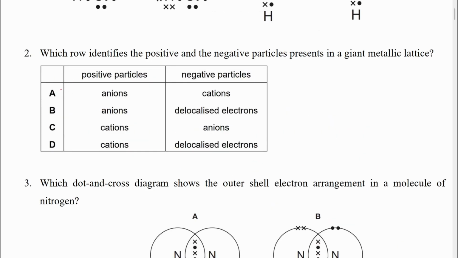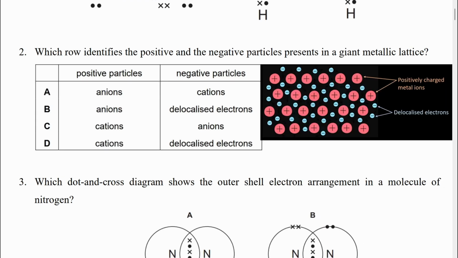Question 2. Which row identifies the positive and negative particles present in a giant metallic lattice? So let's take a look at the structure of metallic bonding, okay? So this is the structure of metallic bonding. And as you can see in here, these are the positively charged metal ions. And what is the term that we say for the positive ions?